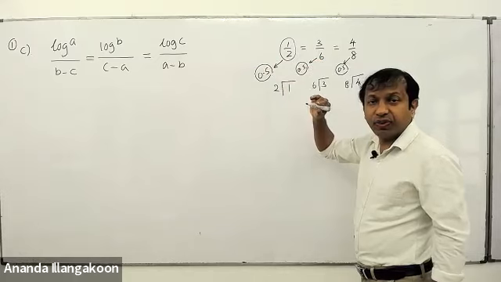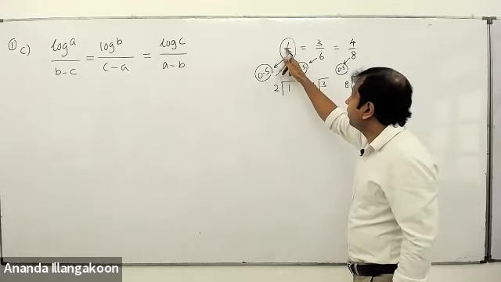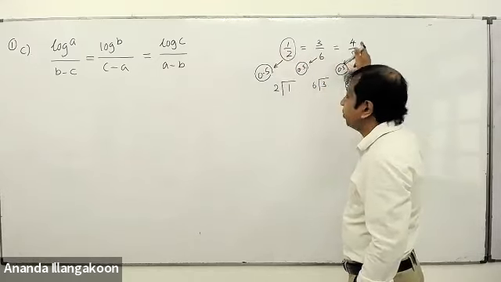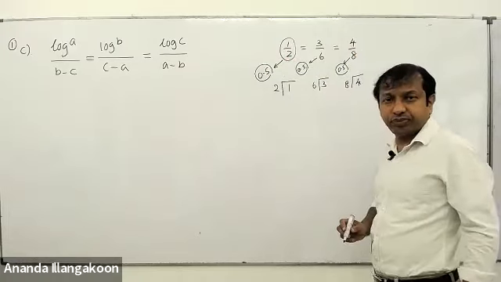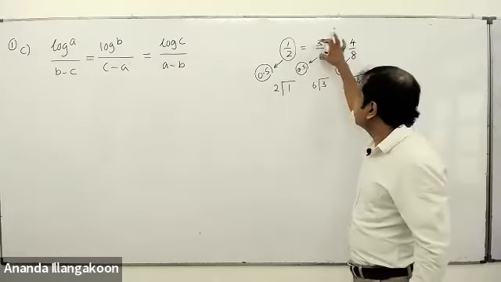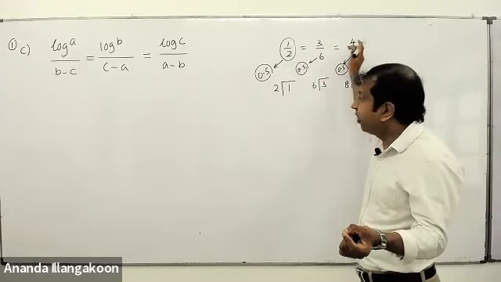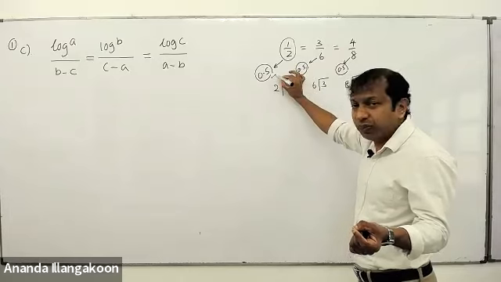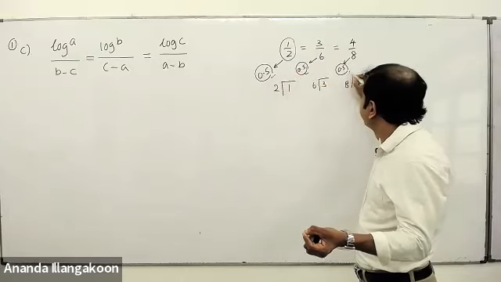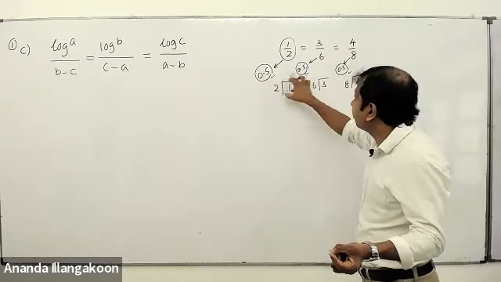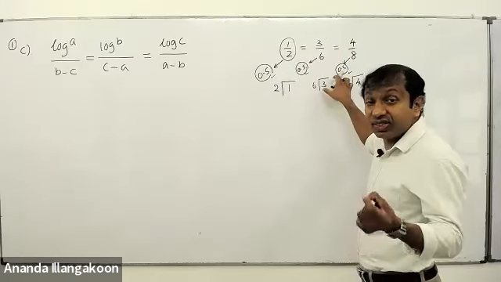That is why we could write this fraction equal to this fraction equal to this fraction, when we consider each fraction separately and find the value of each fraction to be the same.